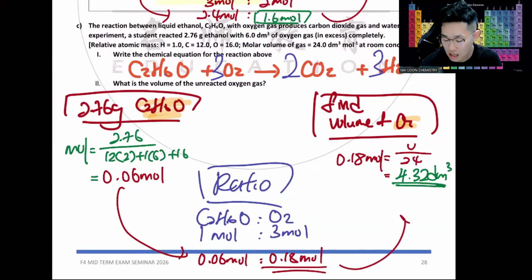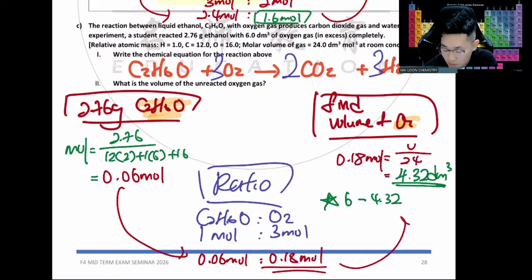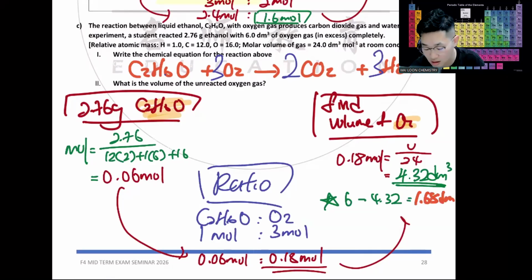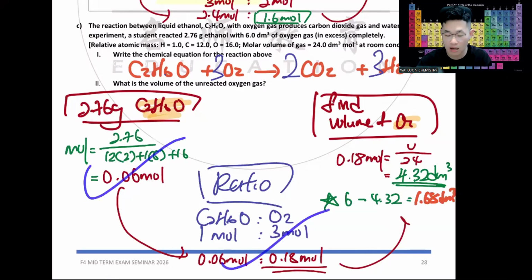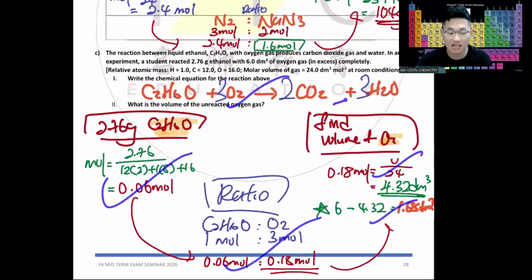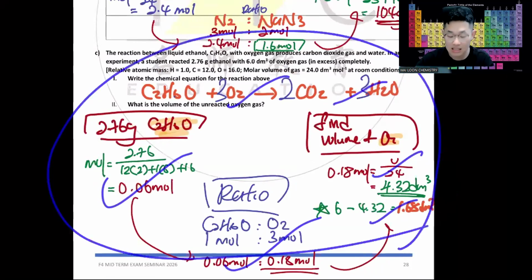So how much is unreacted? 6 minus 4.32. We get 1.68 dm³. So 1 mark, 2 marks, 3 marks, 4 marks, 5 marks, 6 marks.